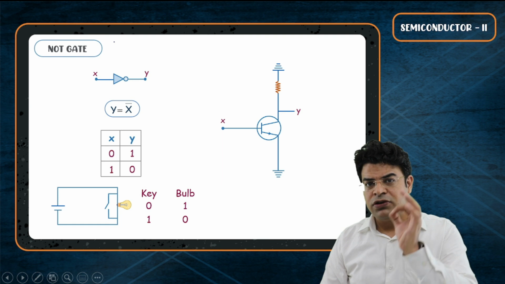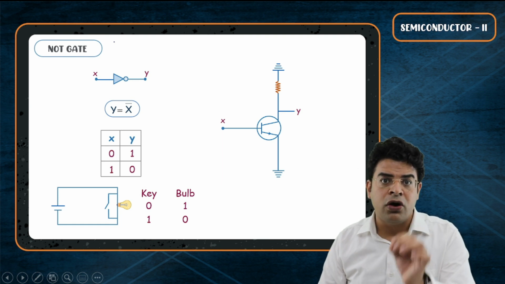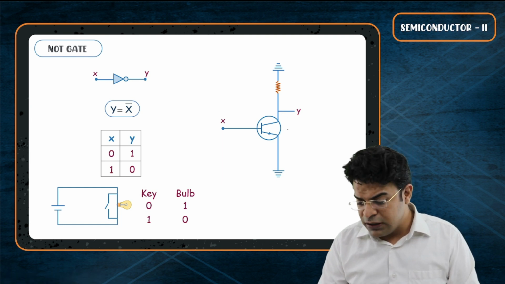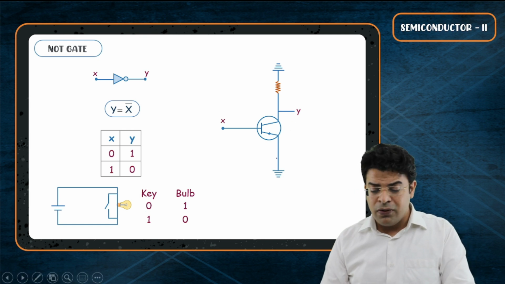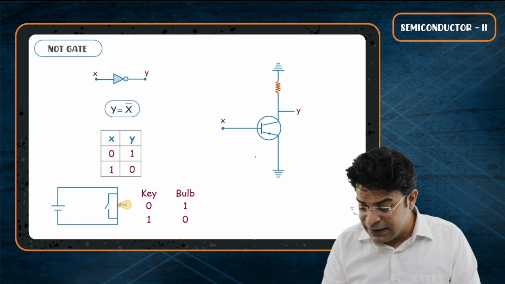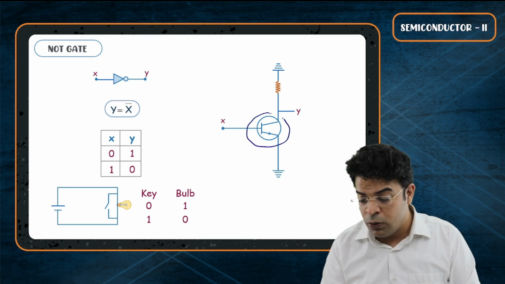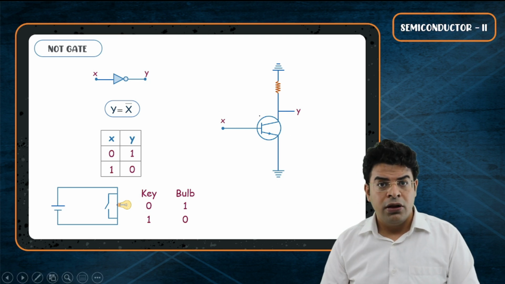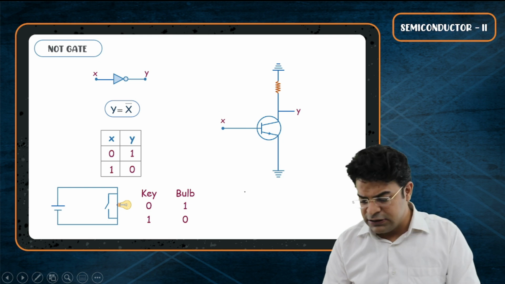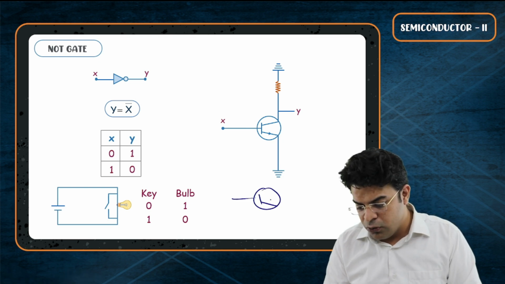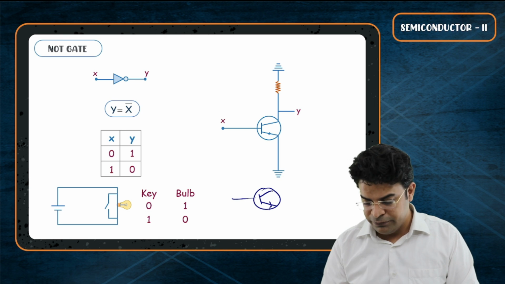So this is what the electronic circuit of a NOT gate looks like. Now as soon as the students look at it, they're like, sir, how can you explain that this is NOT gate? This is nothing but a transistor working as a switch. When I explained the transistor working as a switch, I took an NPN transistor.